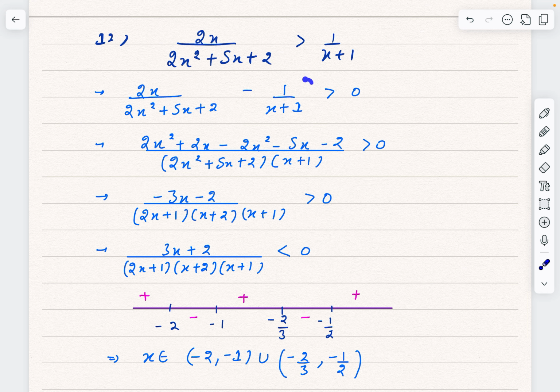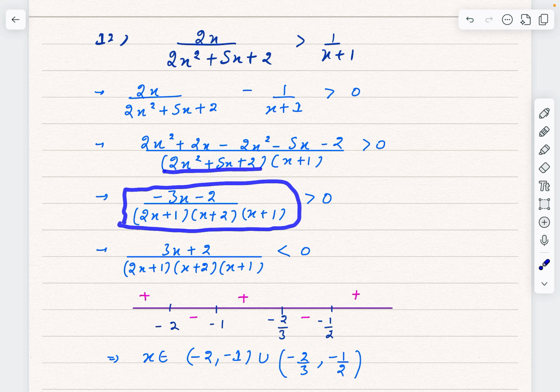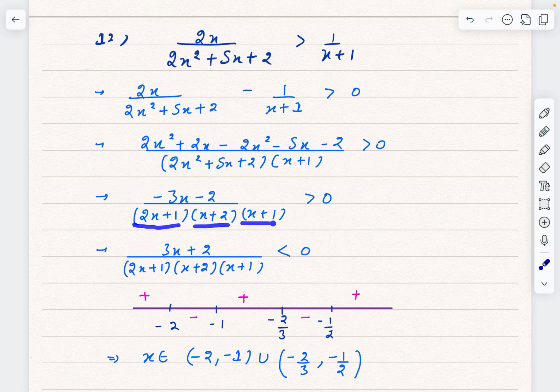So when you bring this to this side and take the LCM, you finally end up with minus 3x minus 2 by, and this quadratic we can find the roots will come out to be, I think, minus 1 by 2 and minus 2. So the factors will be (2x plus 1)(x plus 2)(x plus 1), and this minus 3x minus 2, this negative is on this side, you get less than 0.